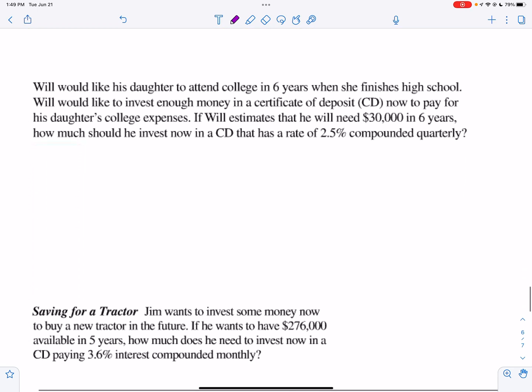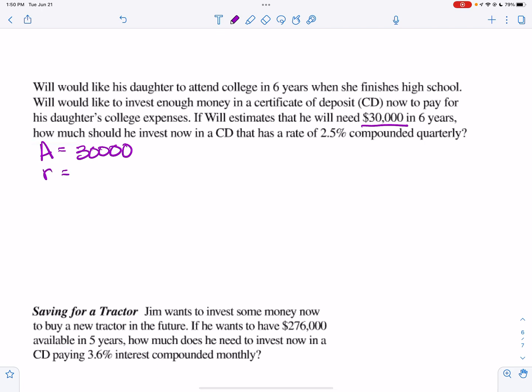So what I'm going to do is enter my accumulated amount. So what I need to make is $30,000, okay? And this formula is going to be useful when you're trying to save up for very big things like a house or a car or a wedding or something that you know is going to be very expensive.